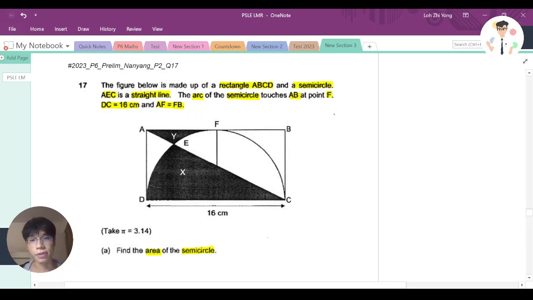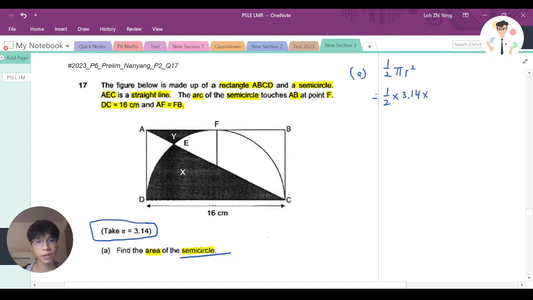So let me just write here. A, area of the semicircle. So if you want to know the area, when it comes to a circle, it's always pi r squared. And since this is a semicircle, I need to put a half in front. So half times pi. What is my pi? If you look carefully, the pi is given as 3.14. And r squared, radius.